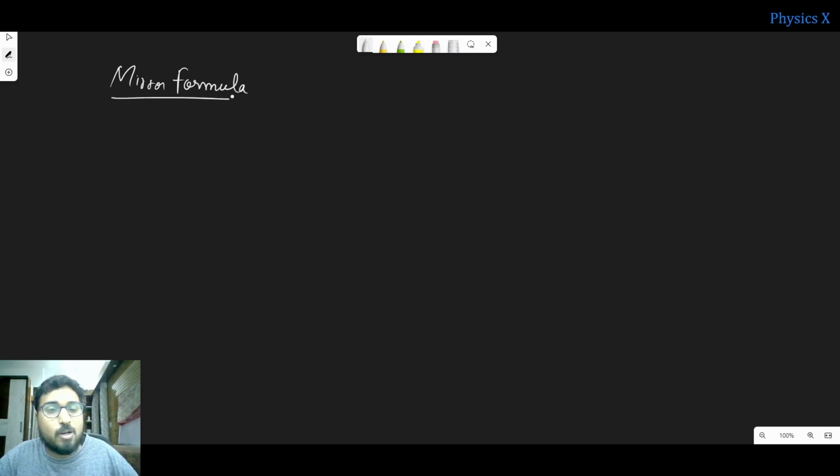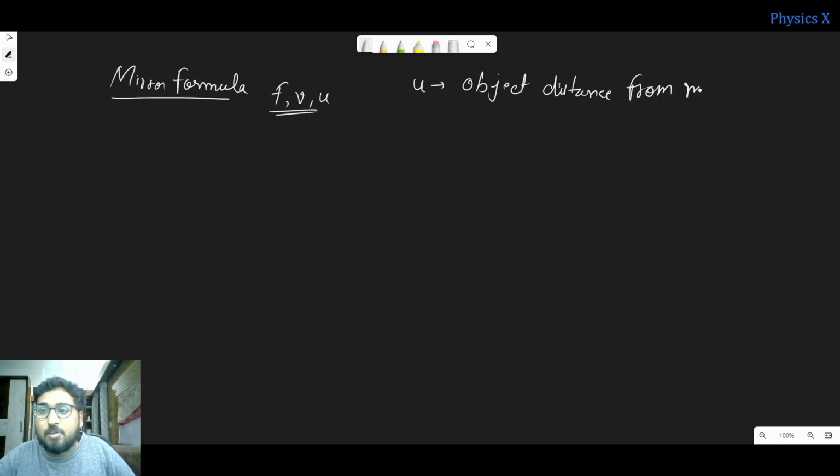Mirror formula is a relation between f, v and u. Let me specify this because it is the first time. u is the object distance from the mirror. From the mirror means from the pole of the mirror. Please remember this. v is the image distance from the mirror, any mirror.